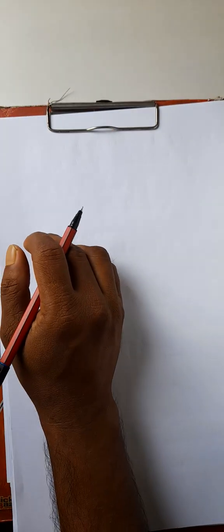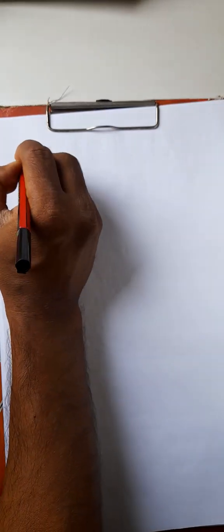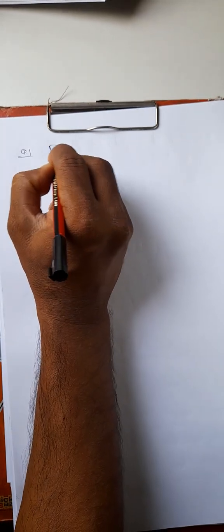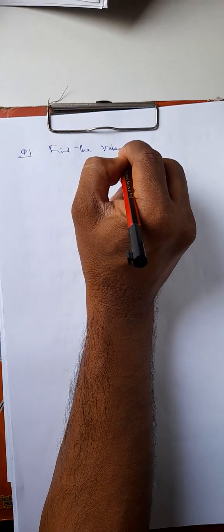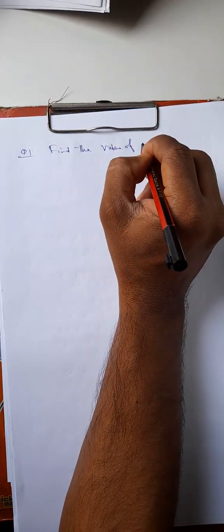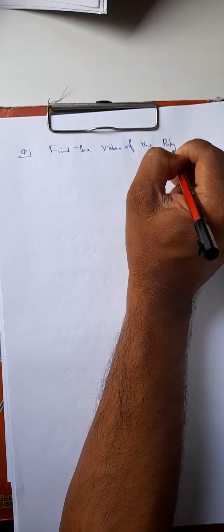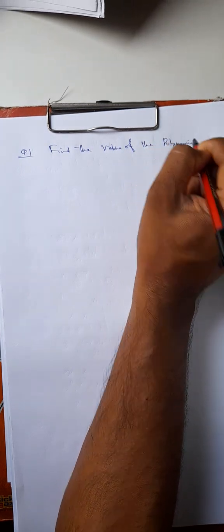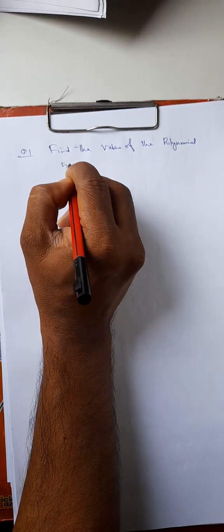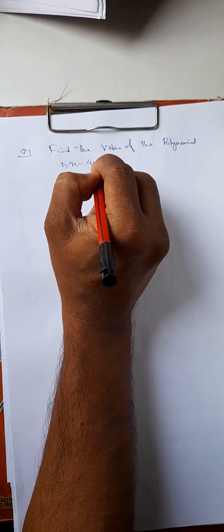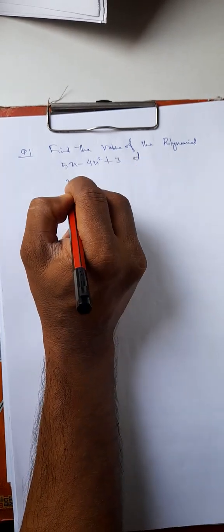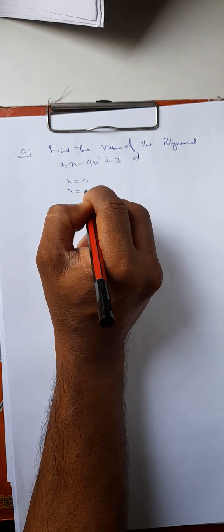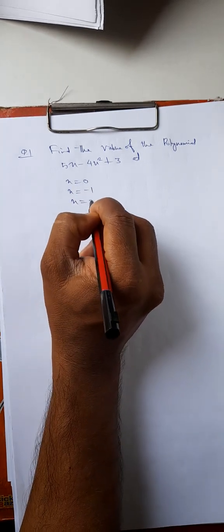Now let's do some more exercise from CBSE. Question 1, find the value of the polynomial 5x minus 4x square plus 3 at x equal to 0, x equal to minus 1 and x equal to 2.